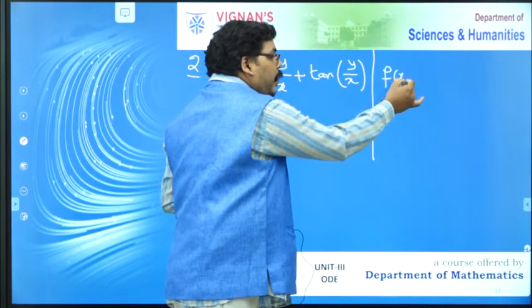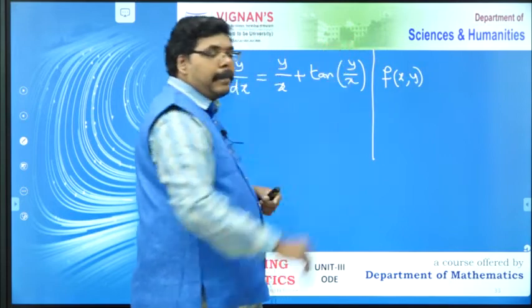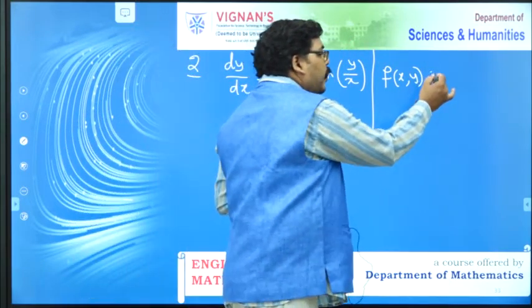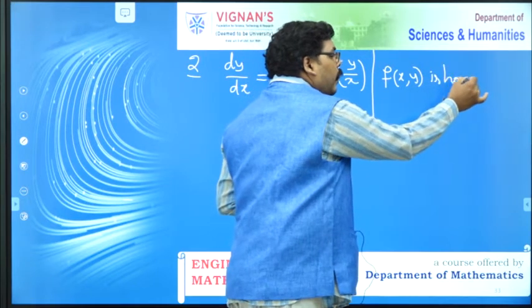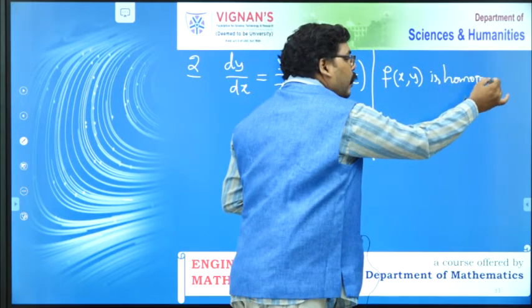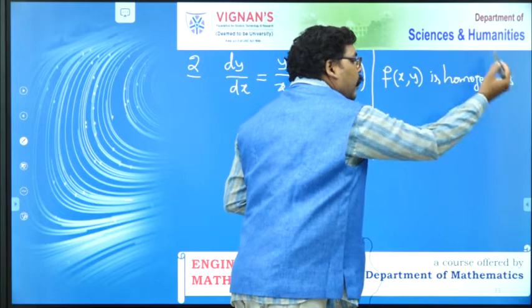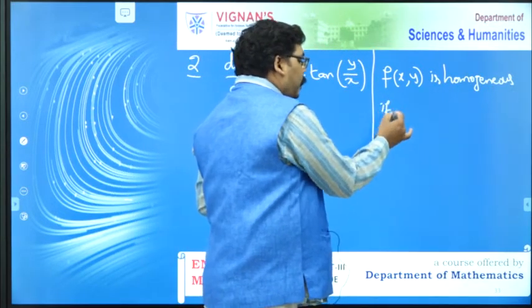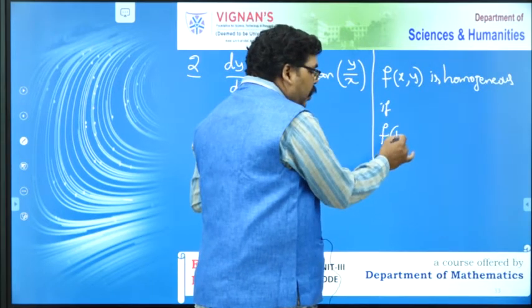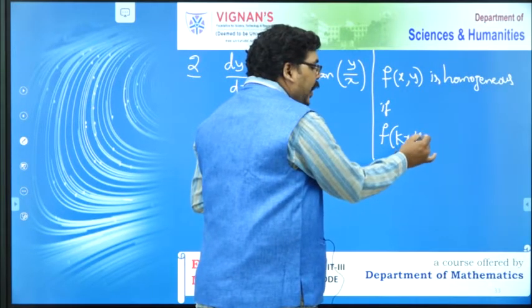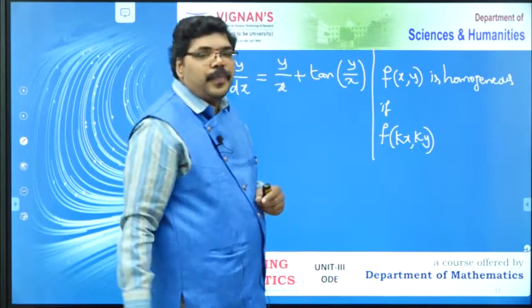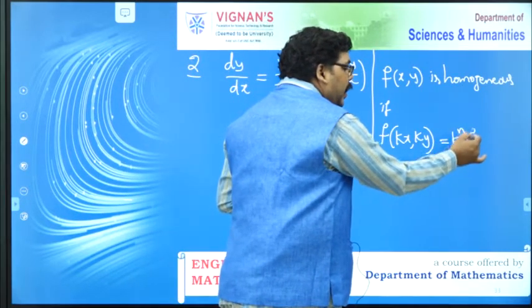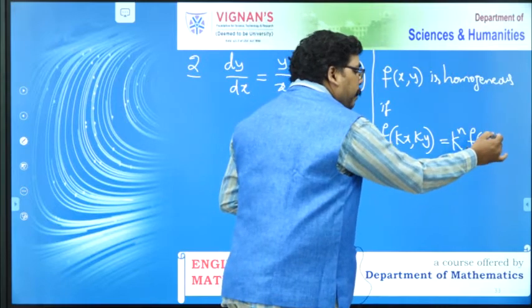f of x comma y is homogeneous if f of kx comma ky equals k power n into f of x comma y.